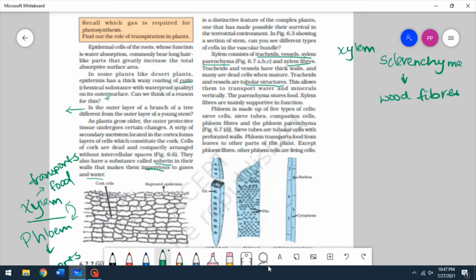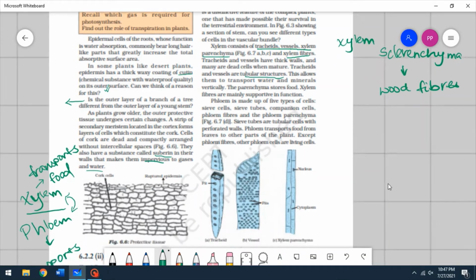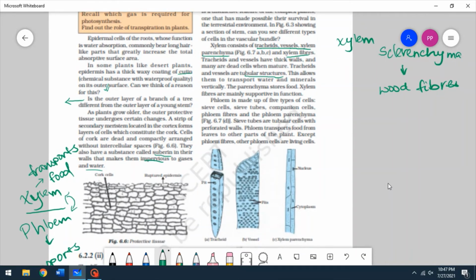Here you have the diagrams of tracheids and vessels. They're structurally similar to tubes, and this allows them to transport water and minerals vertically from the roots, that is where water absorption takes place, and throughout the plant in a vertical manner to the topmost leaf or flower or whatever there is.